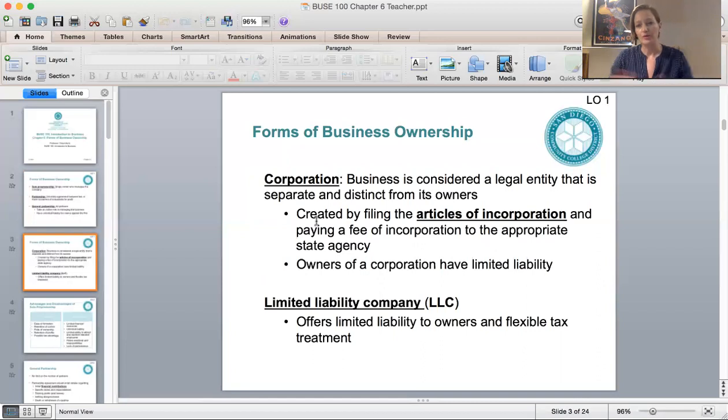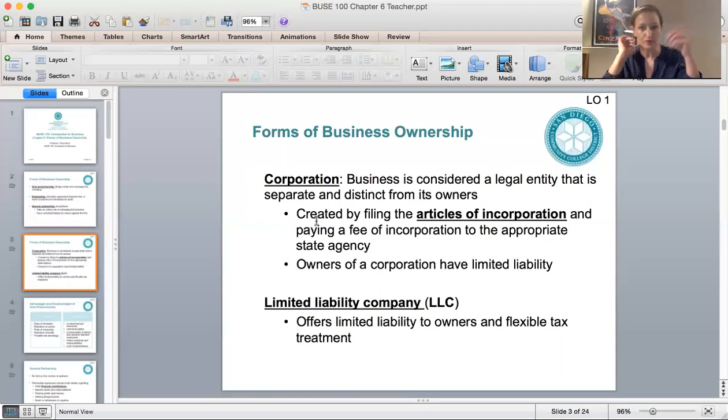So what do we do to protect ourselves? Well, a lot of people will start a corporation. A corporation is a separate legal entity that you have to file articles of corporation for. You start it within the state agency. It's issued by the state. But the nice thing about corporations is you're protected.